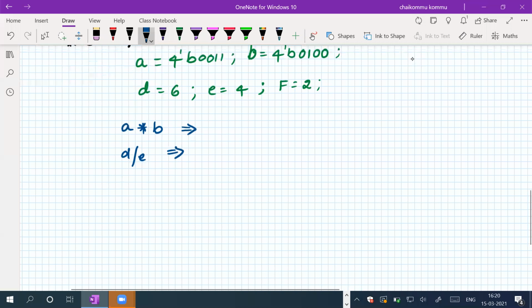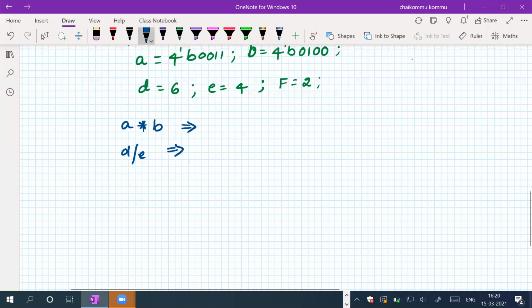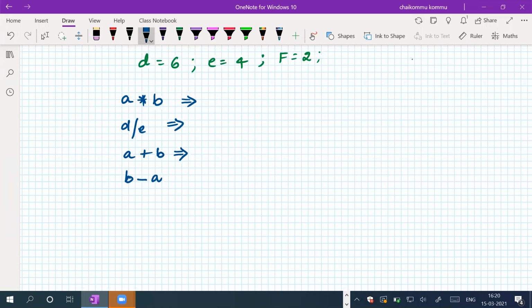Next, A minus B or B minus A, what will we get? And F is equal to E double star F, what will you get there?